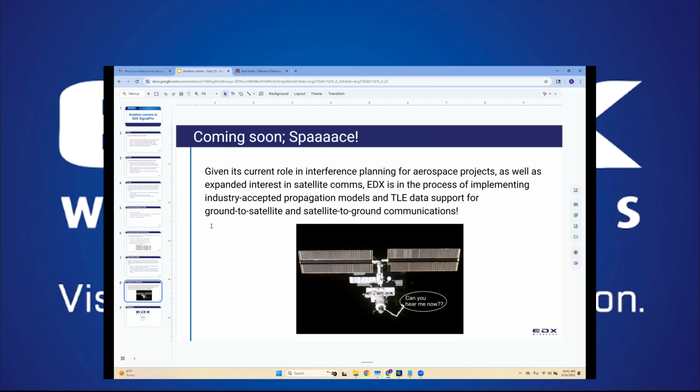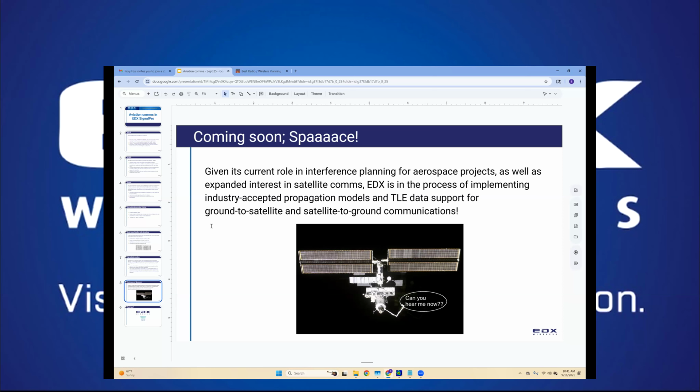So if you need to look at what coverage on the ground would look like from a satellite in orbit, or a constellation of satellites in orbit.